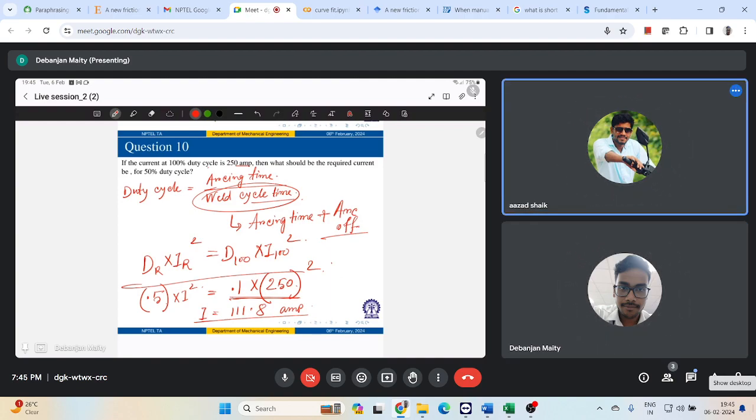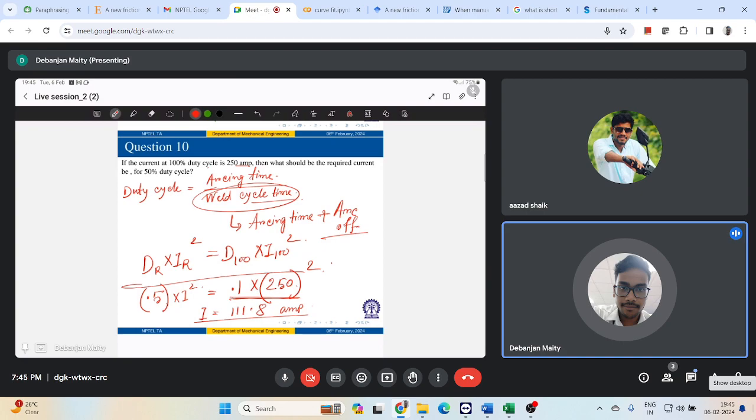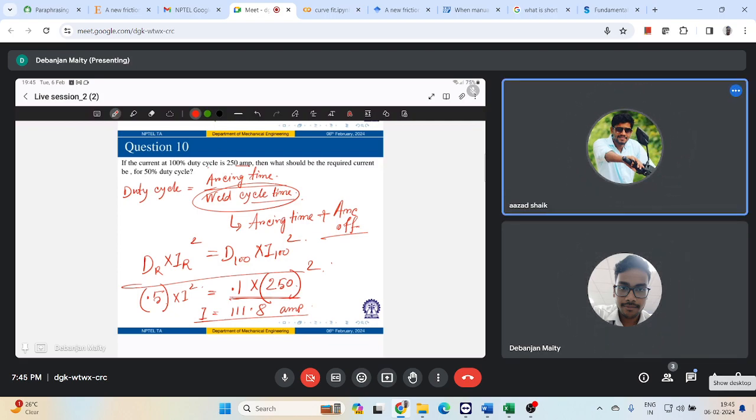So basically, to understand the duty cycle, if you say 400 ampere at 35% duty factor or duty cycle, what does this mean?